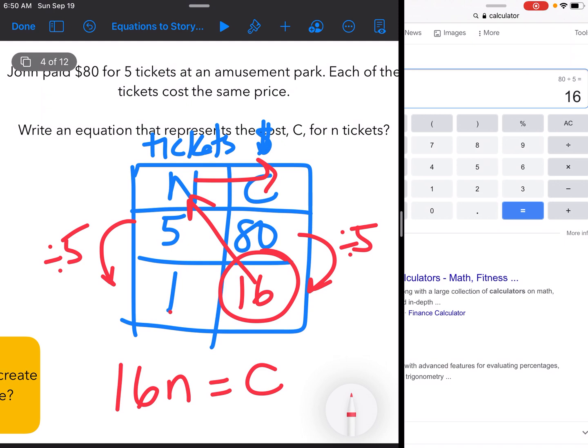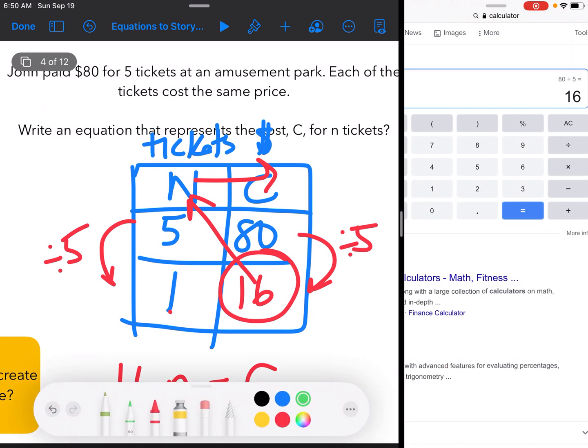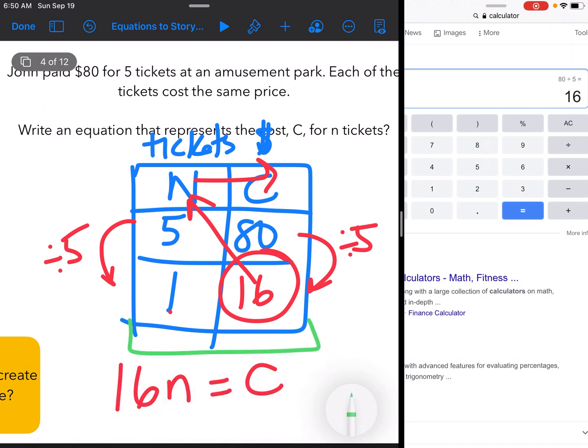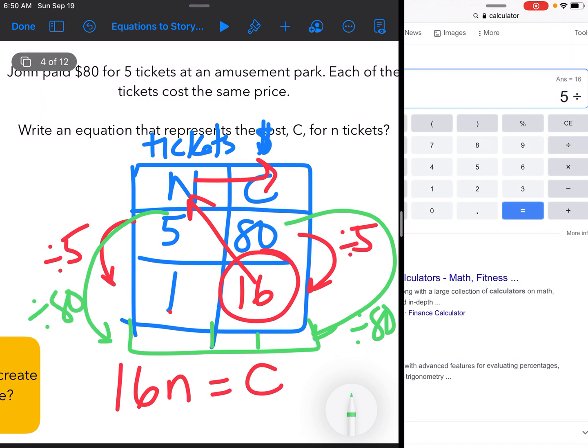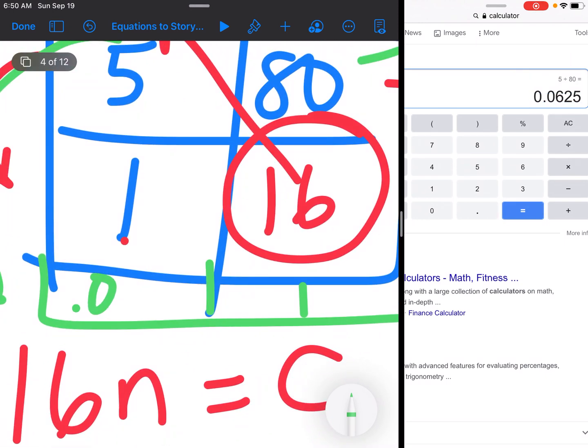Now, if that equation wasn't there and I couldn't use it, I might decide to add a 1 in the other column, because remember, you can have 2 constants of proportionality. I would divide by 80 this time. So 5 divided by 80, and I get 0.0625.